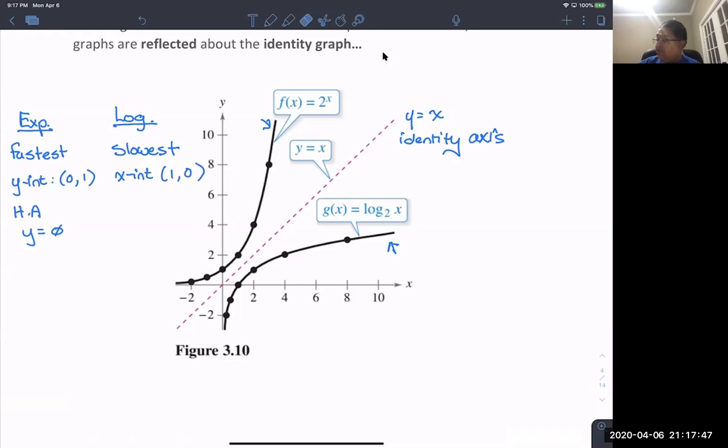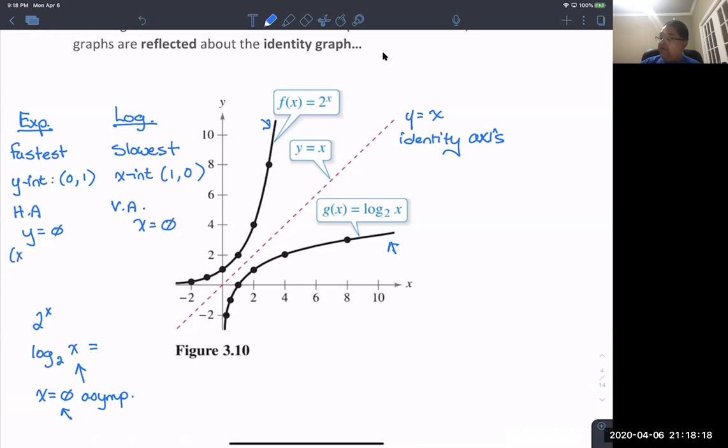The inverse of 2 to the x is log base 2 of x. Well, remember, what did I say? What can x not be? x can't be 0. So x equals 0 is my asymptote. It is not a horizontal asymptote because this is not a horizontal line. This is a vertical line. It is a vertical asymptote, and it's at x equals 0.